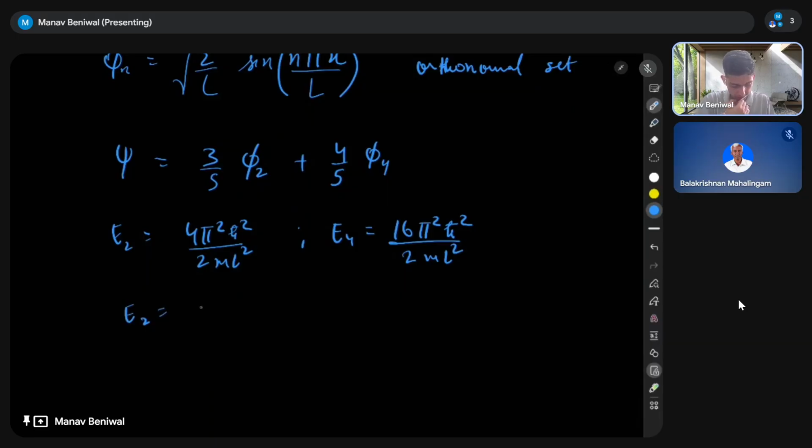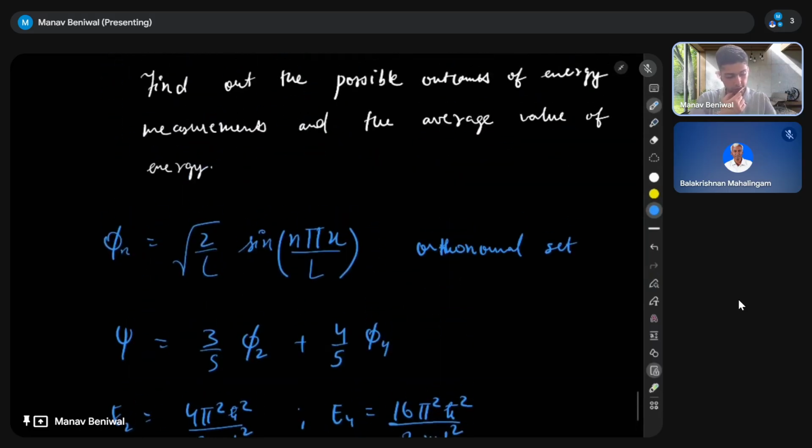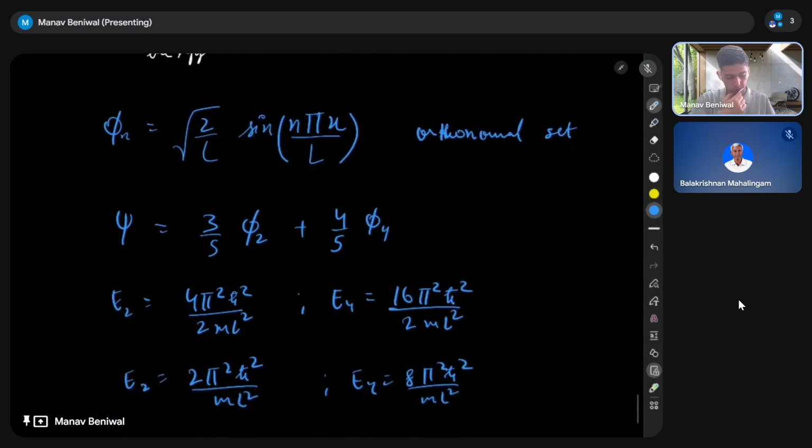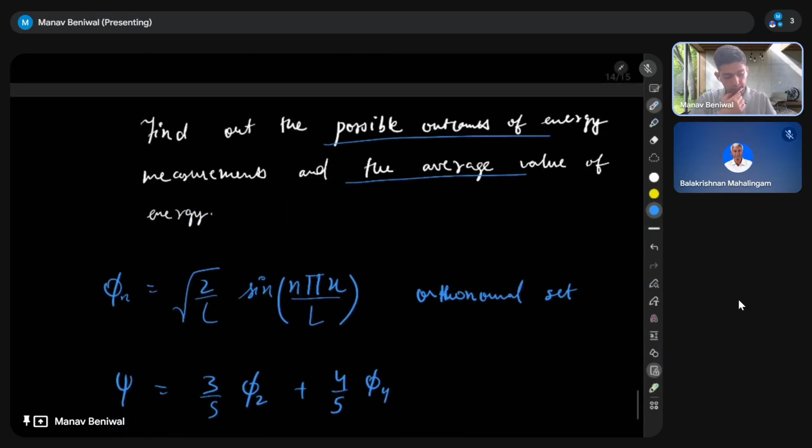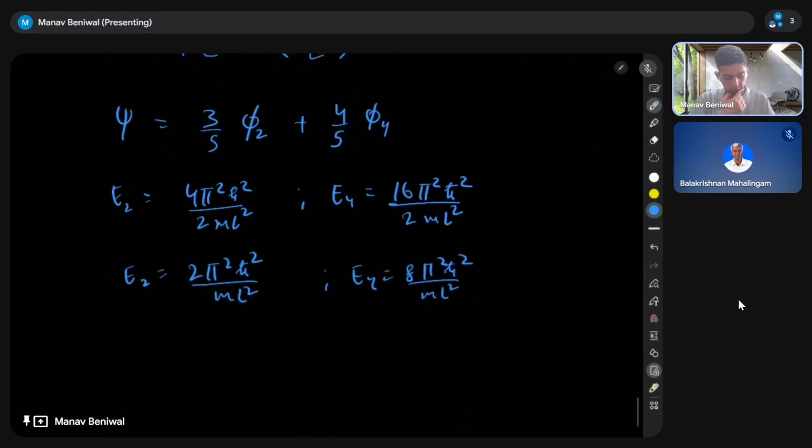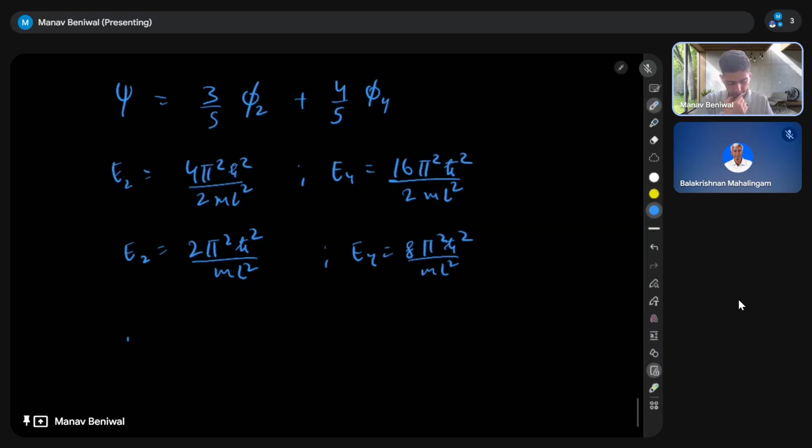E2 will be simply 2 pi squared ħ squared over m L squared, and E4 will be 8 pi squared ħ squared over m L squared. Okay, so we'll be measuring these two energies. Now the second part is the average value of energy, or the expectation, and we need to do P2 E2 plus P4 E4, where P stands for probability.